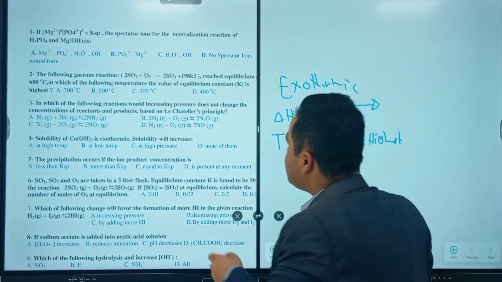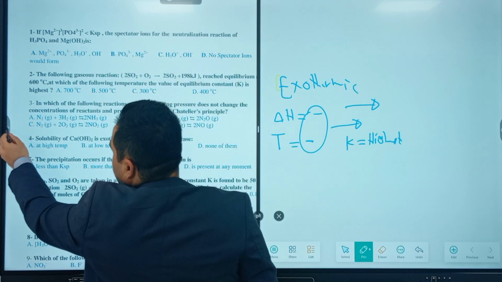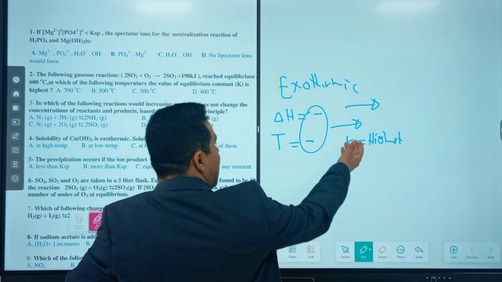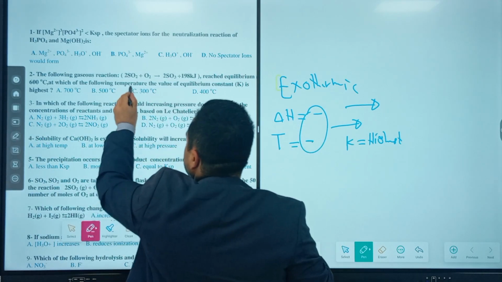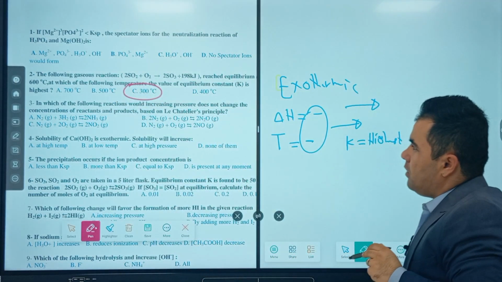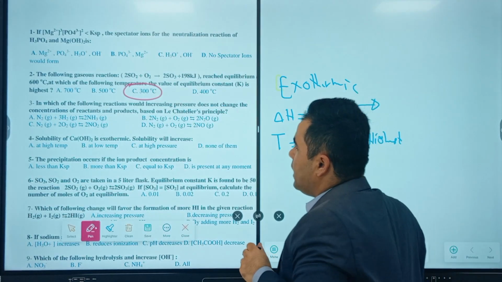So you have to choose the lowest temperature. So C is the correct answer, which gives the highest K for the reaction.